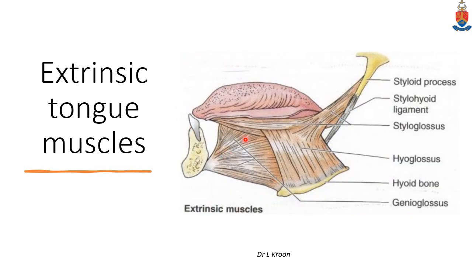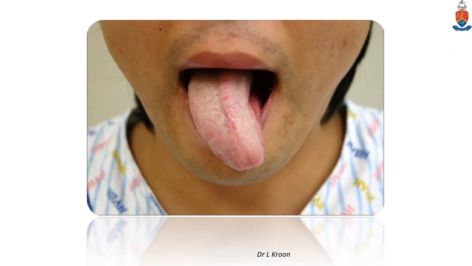So the tongue deviation is towards the side of the atrophy and the side of the hypoglossal dysfunction. And here's a patient with tongue deviation to the left, decreased muscle bulk of the tongue on the left compared to the right.